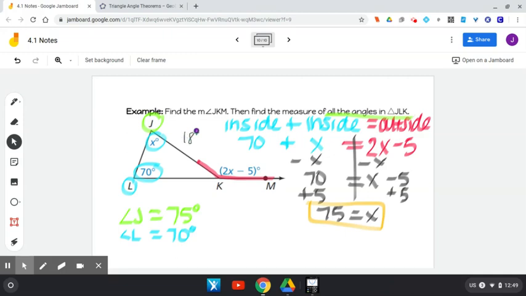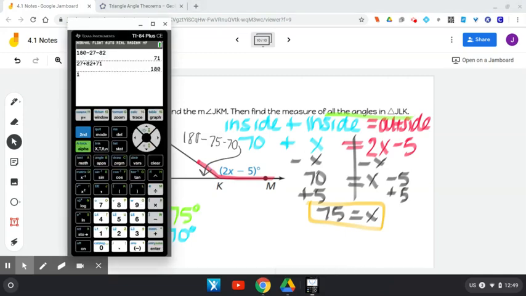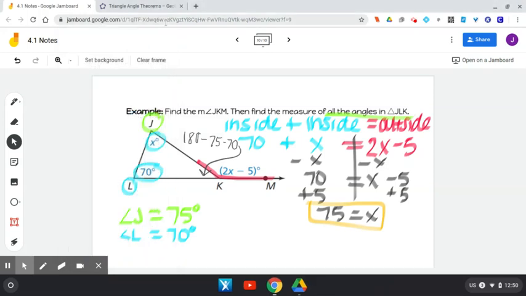So 180 minus 75 minus 70 is going to give me that angle right there. So 35 degrees.